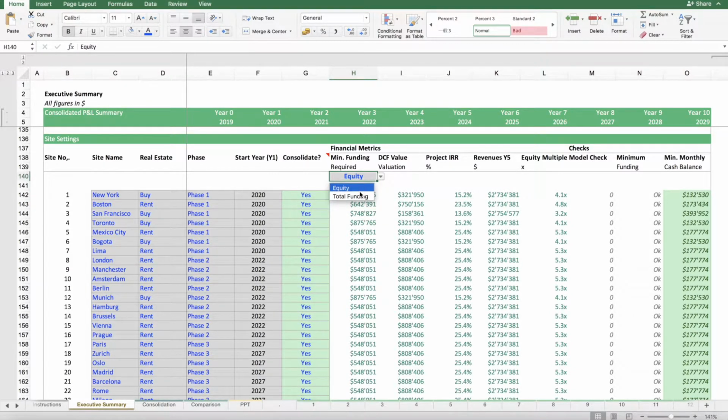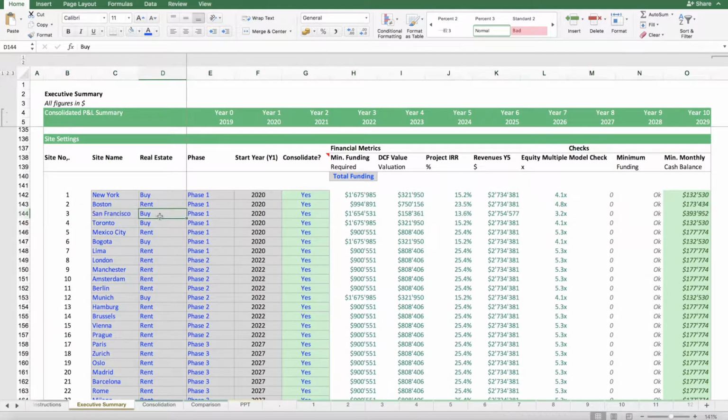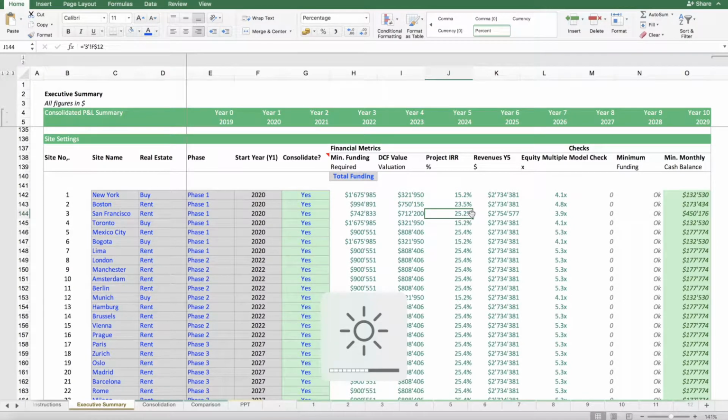We can look at the equity required or the total funding amount, whatever you like. You can also check the effect on the DCF value and on the project IRR. For instance, for San Francisco, we have 13.6% IRR if we buy, and if we rent, we can push it up to 25.2%, since no money or less money needs to be invested in real estate.